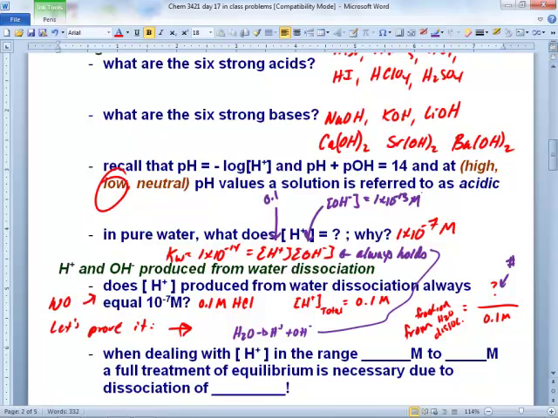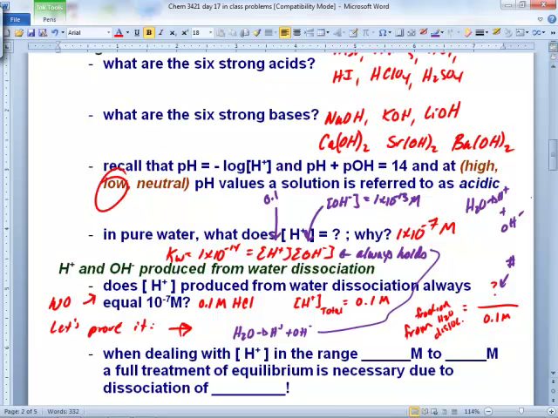We didn't add any OH, so it means that complete population is from water falling apart. Well, if that's from water falling apart, the concentration of hydrogen ion from water falling apart would be what number? It's 1 to 1, 1 times 10 to the negative 13. Because water falls apart 1 to 1, H plus and an OH minus. For every OH minus, you get an H plus.